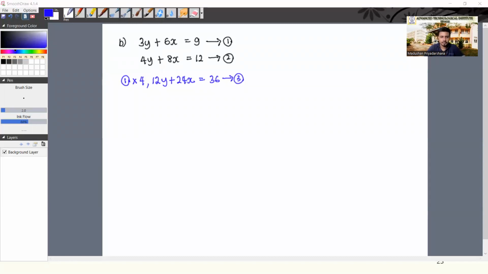For the second equation, for y to become 12y, we need to multiply it by 3. 4y into 3, that is 12y. 8x into 3, that is 24x. 12 into 3, that is 36. This is equation number 4.